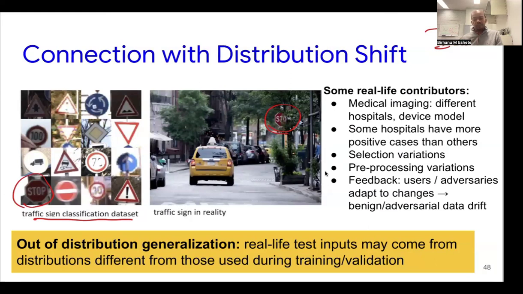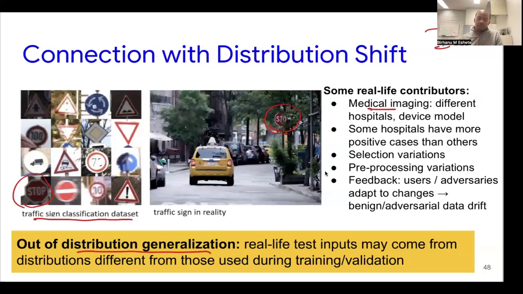And this notion of distribution shift is applicable in many domains, including medical domains, where, for example, you take MRI scans with medical imaging devices, where different hospitals would have different data, and that results in selection bias, pre-processing variations, etc.